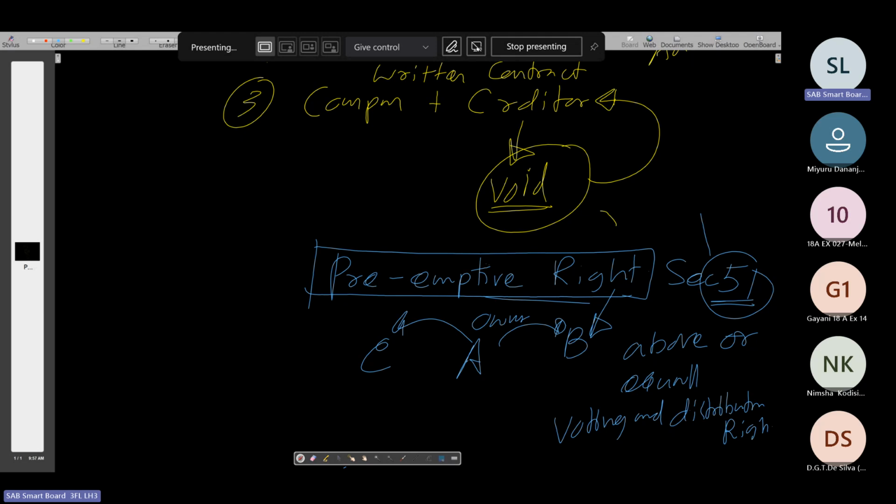That is our solvency test. The company shall be deemed to have satisfied the solvency test if it is able to meet the following matters. Whether the company is able to pay its debts as they become due in its ordinary course of business, and whether the value of the company's assets is greater than its liabilities and stated capital.